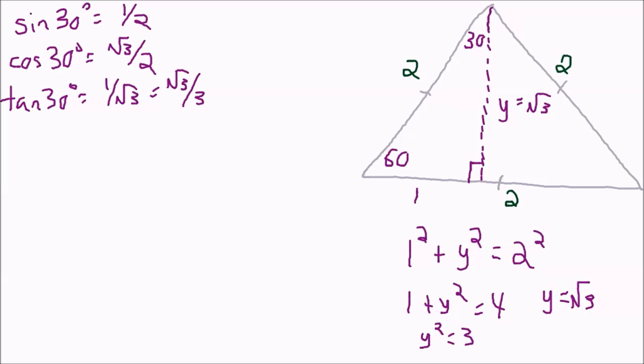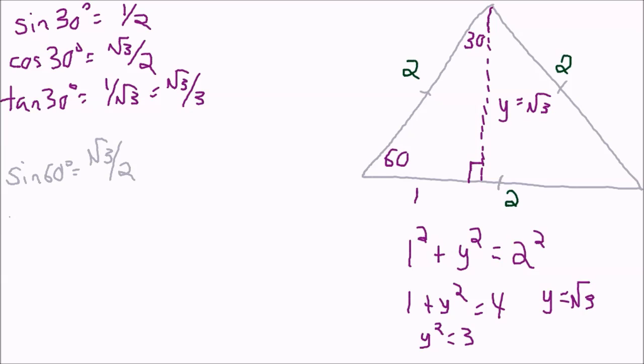Alright, let's start using 60 degrees for these trig functions. I can say that sine of 60 degrees, again, sine is opposite over hypotenuse, so now the opposite of 60 is square root of 3, and the hypotenuse is 2. So the sine of 60 is square root of 3 over 2.